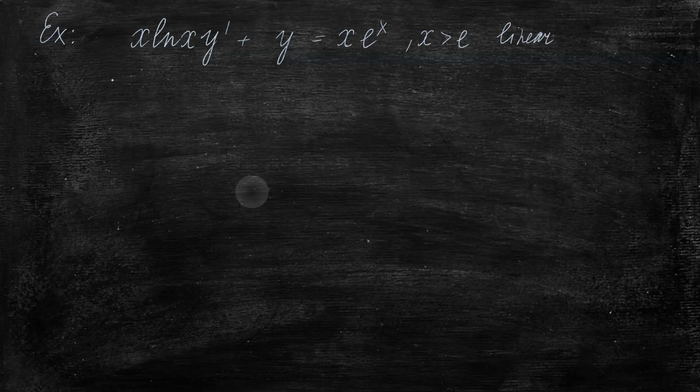We're going to write it in the form y prime plus py equals q, and for that we're going to have to divide everything by x ln x.